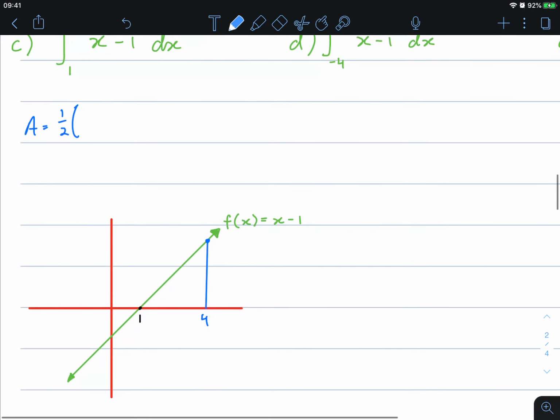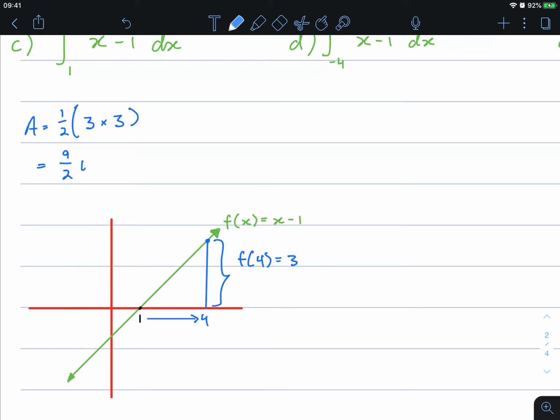Well, I hope you can see that that height is just f of 4. By substituting 4 into the function, we get a height of 3. So half the base times the height, and from 1 until 4 is 3 units across. That's half 3 times 3, which is 9 over 2 unit squared.